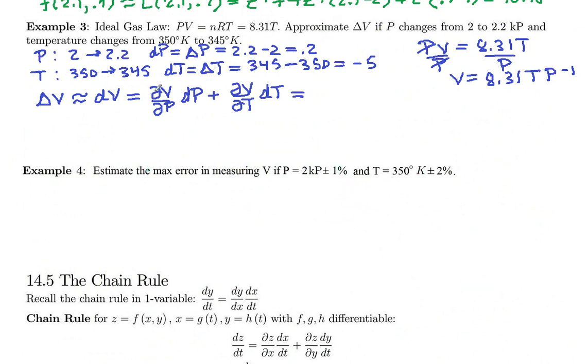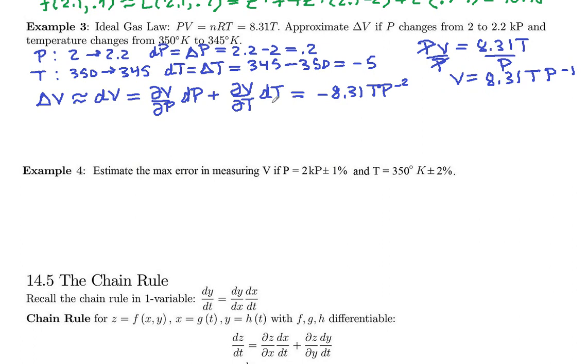So partial with respect to P, so P is the variable, T is a constant. So this -1 will come down times what is in front. So -8.31 times T, and then decrease your exponent by 1. So P to the -2.